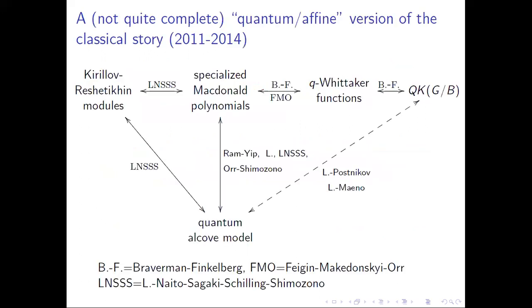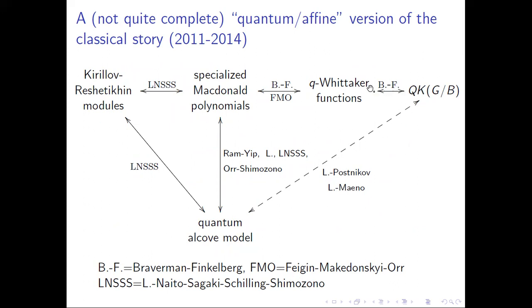So that's why I said that these connections here do not quite match up, because on the top, the connection to quantum K-theory from Braverman-Finkelberg involves these 1-point invariants, whereas our conjectured multiplication formula, the Chevalley formula, because it's a multiplication formula, involves the 2-point and the 3-point invariants.